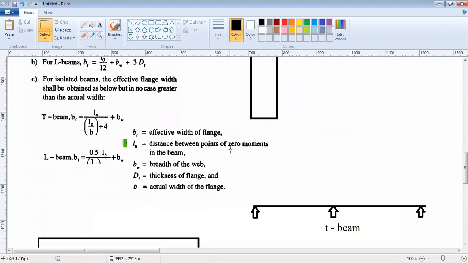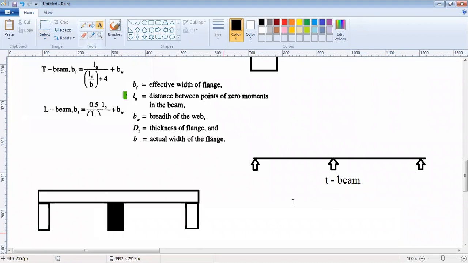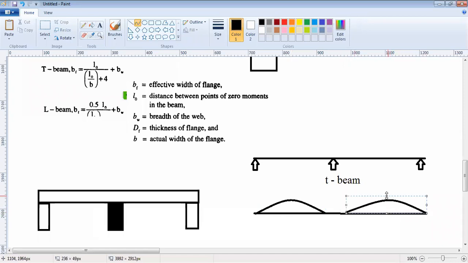Then what is L naught now? Now what would be the moment behavior of this? It would behave somewhat like this. Isn't it? ऐसे ही movements होंगे ना?